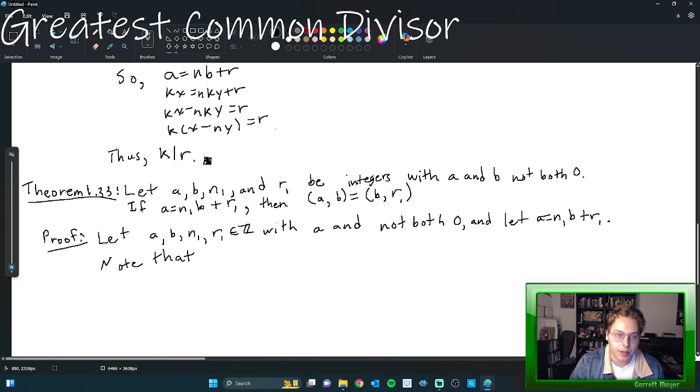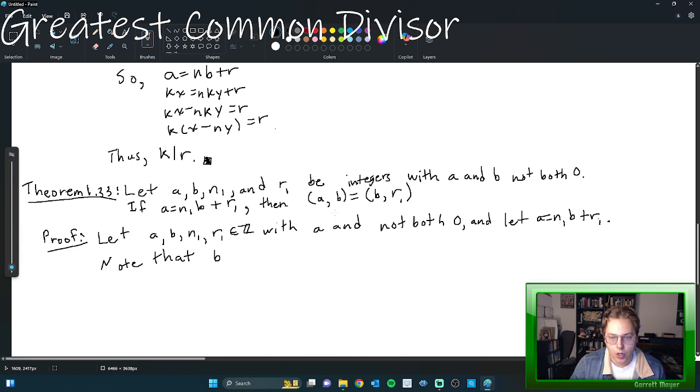And it's possible that B is 0, because all it says is A and B are not both 0. So if B is 0, A is not 0, but then what does that say about R1? Well, we're going to note here that B and R1 cannot both be 0 because of this formula right here.